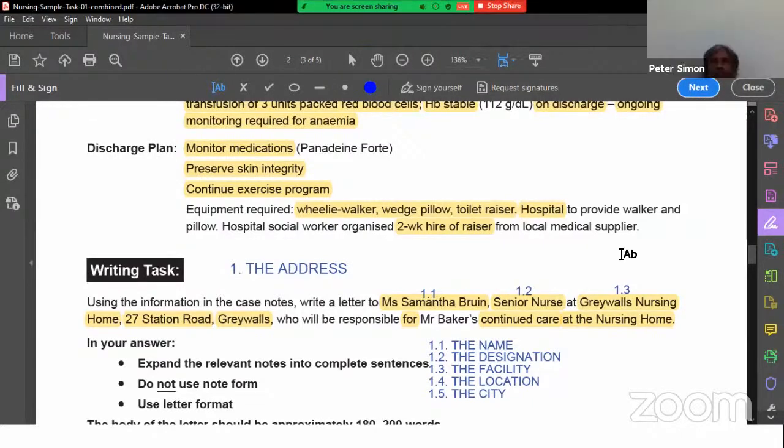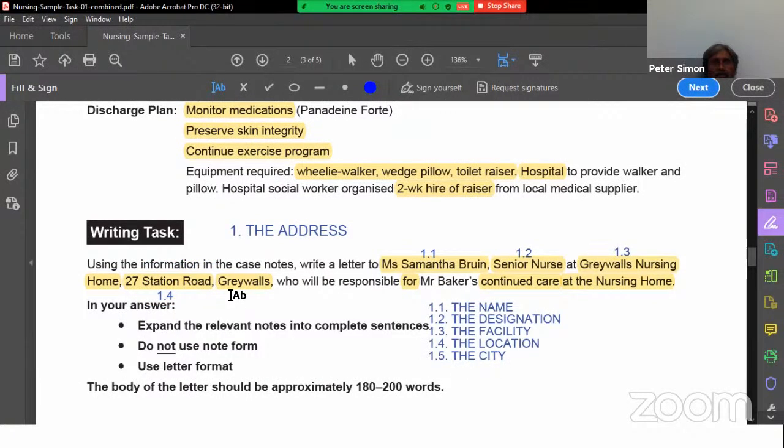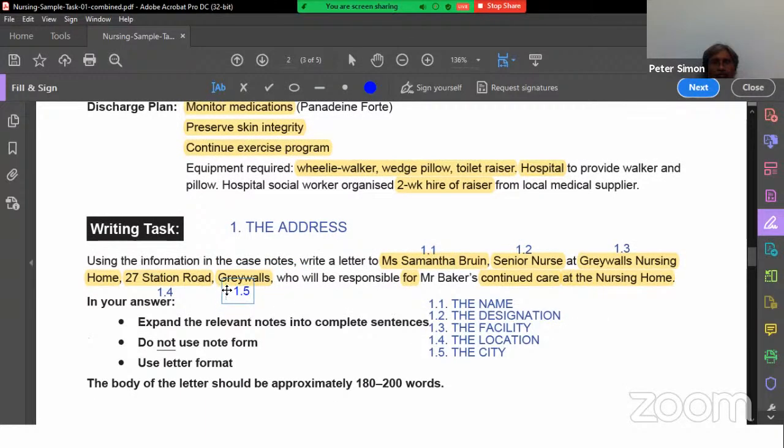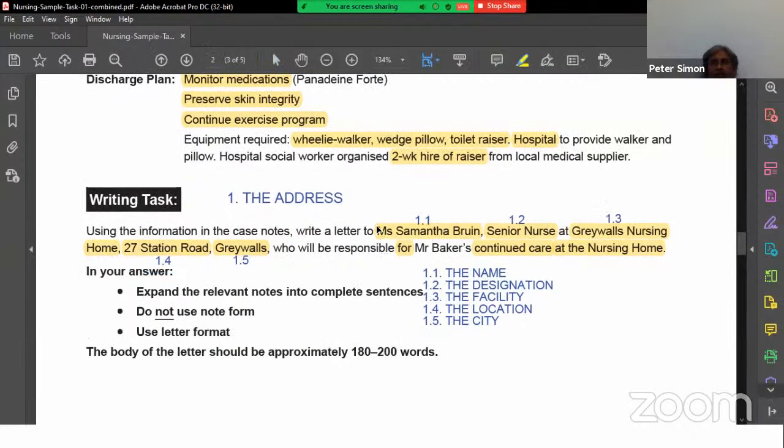So 1.1, 1.2, 1.3, and this is 1.4, and next 1.5. These are the 5 lines that you are going to use. So now we are taking these things from here. Number 1 is this.